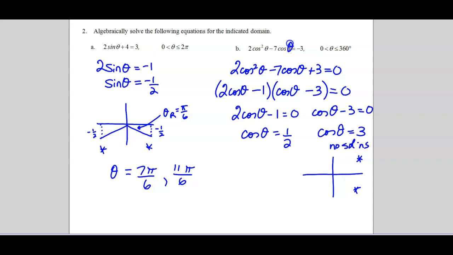Cos, that means 1/2 is the adjacent side, the x side. So it's going to be like that, or like this. Okay, so the shortest side is 1/2. And so that is a reference angle of 60 degrees. And 60 is in the first quadrant, so that's one of our angles. So theta equals 60 degrees, and 360 minus 60, which is 300 degrees.